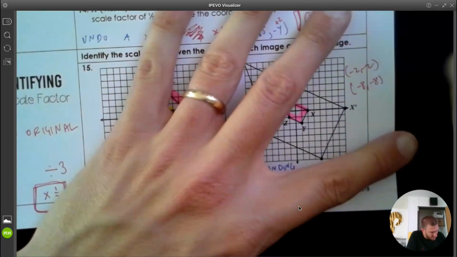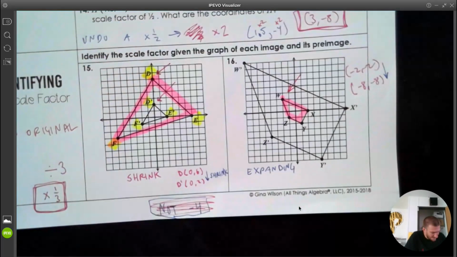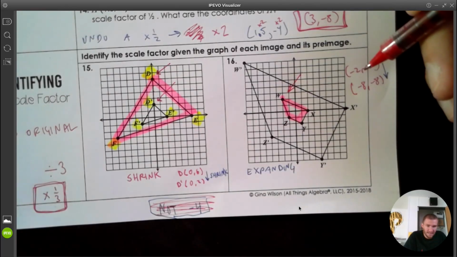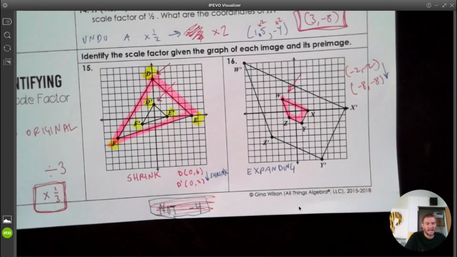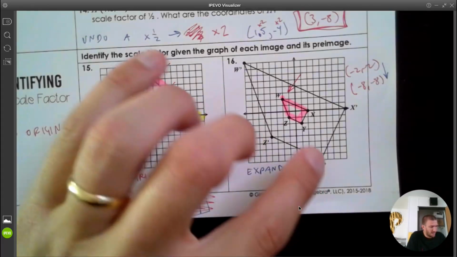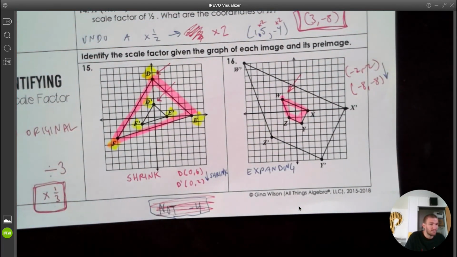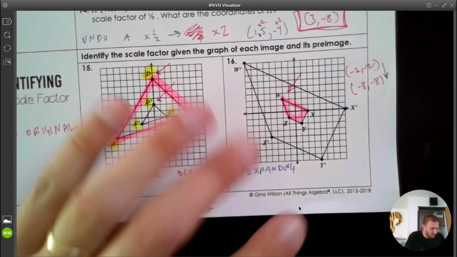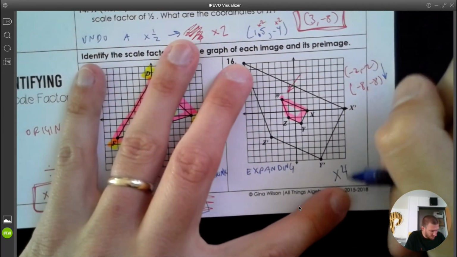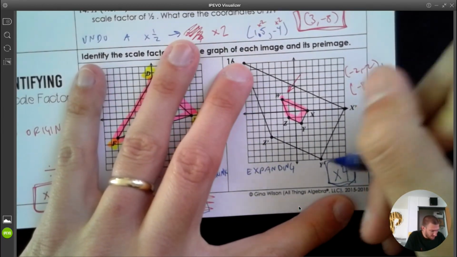That means I need to think about how much did I expand when I went from a -2 to a -8, and I have to think about multiplying, not adding, not subtracting. How do I think about multiplying? You turn a -2 into a -8 by multiplying by 4. So the answer is going to be times 4.